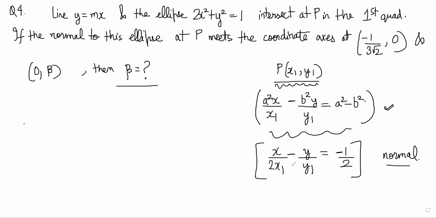Now, x1, y1 is supposed to be in the first quadrant. This normal intersects the x and y axes at these points, so these points lie on this normal.